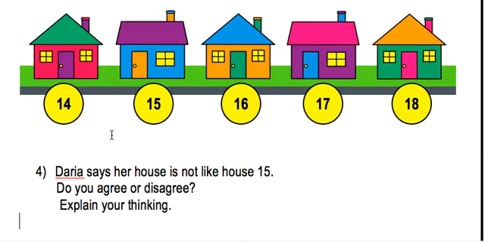Your thumb is going to go down, and here's the word disagree. So if you agree with her that her house is not like 15, you would write down agree. If you think her house is like the house number 15, you're going to put disagree.